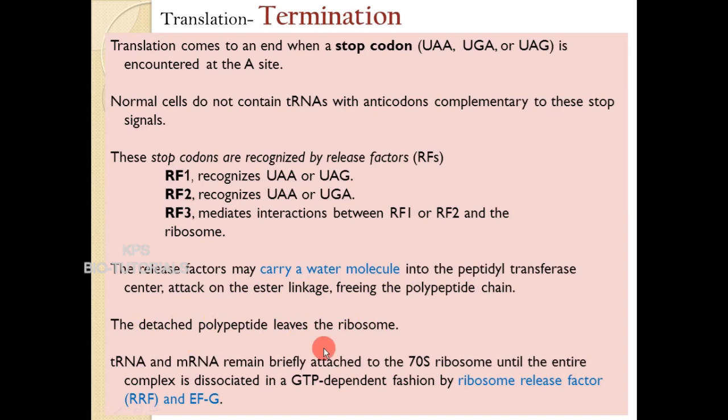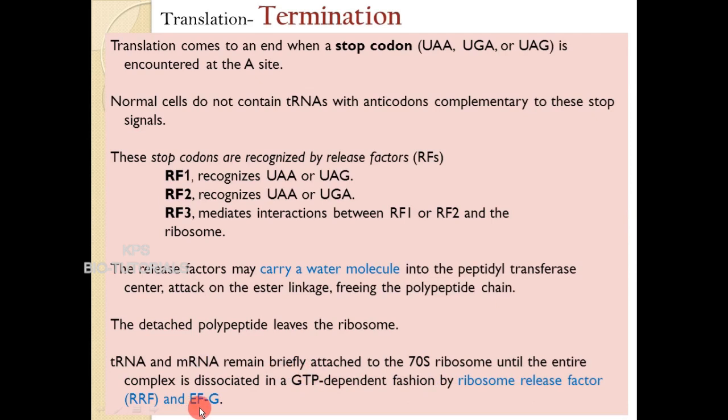Then after that, the tRNA and mRNA remain briefly attached to the 70S ribosome until the entire complex is dissociated in a GTP dependent fashion by ribosome release factor RRF and EFG. After the release of the polypeptide chain, the other components of the 70S ribosome complex, that is tRNA and mRNA, are released due to the action of the ribosome release factor and EFG.